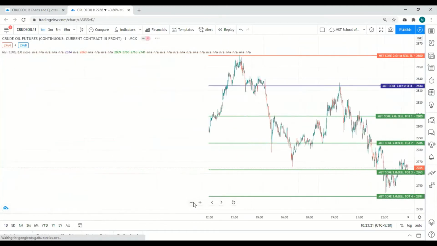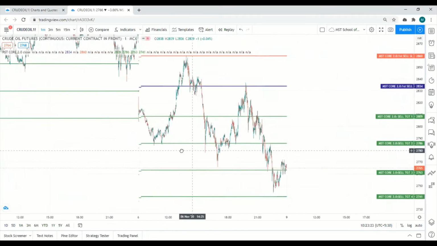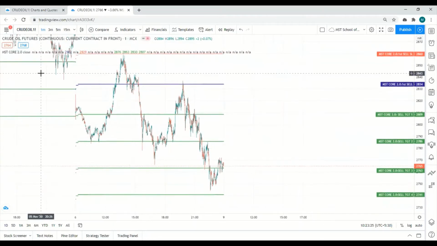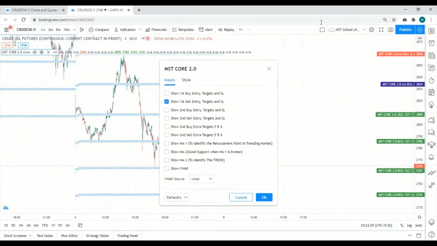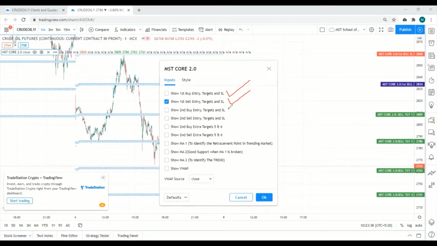Done. I will shrink this chart. In this indicator, what do we have? We have these many items. First, first buy and first sell. Second, second buy and second sell. Third, buy extra targets, fifth target and sixth target.